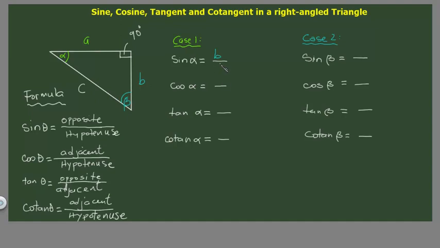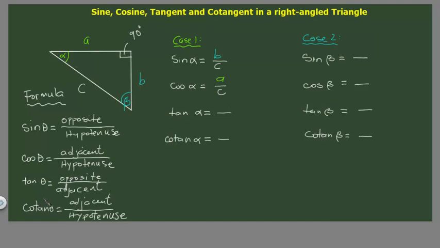So we can put c right here. And the cosine of the angle is the adjacent side over the hypotenuse. The adjacent side of alpha is of course a, so we're going to have a over the hypotenuse.